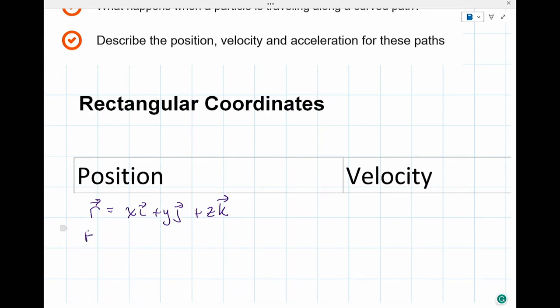If you want, you can rewrite that in terms of components of r, but it ends up being the same thing. So what's really important here is recognizing the use of these unit vectors, i, j, and k.